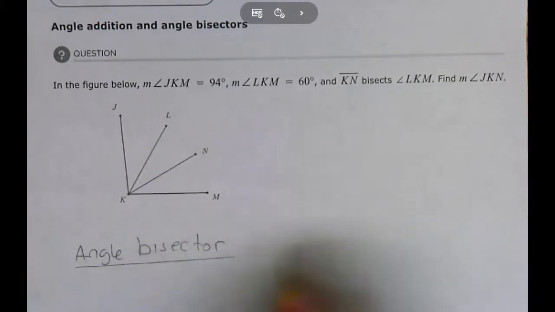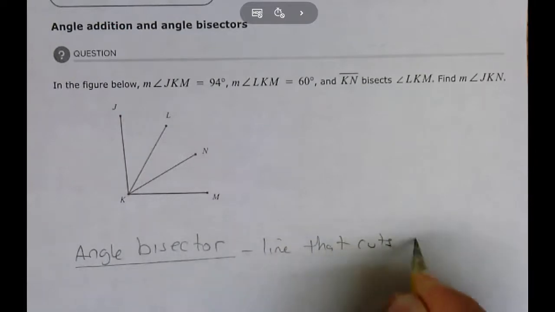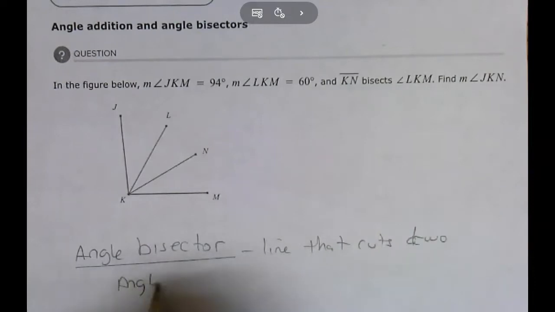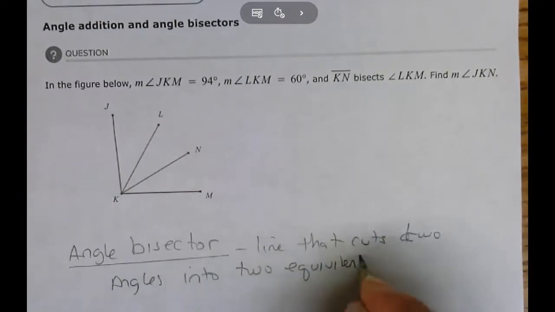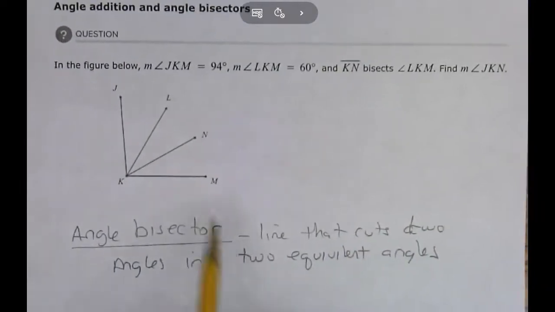An angle bisector is a line that cuts two angles into two equivalent angles, so they're equal to each other.